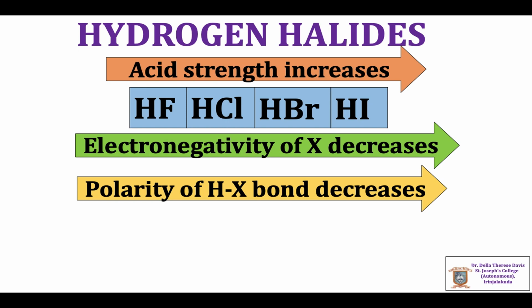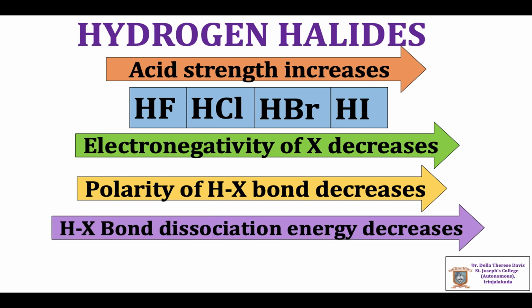But the acid strength depends not only on the electronegativity of the halogen and the polarity of the bond, but also on the bond dissociation energy. The bond dissociation energy decreases from HF to HI. This is because of the large size of the iodine.